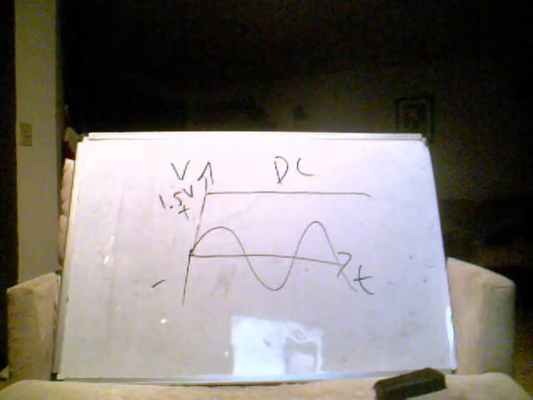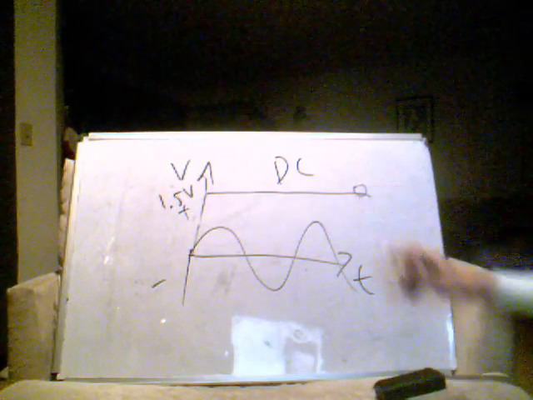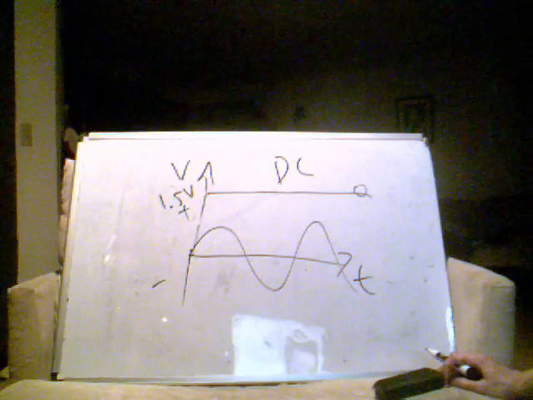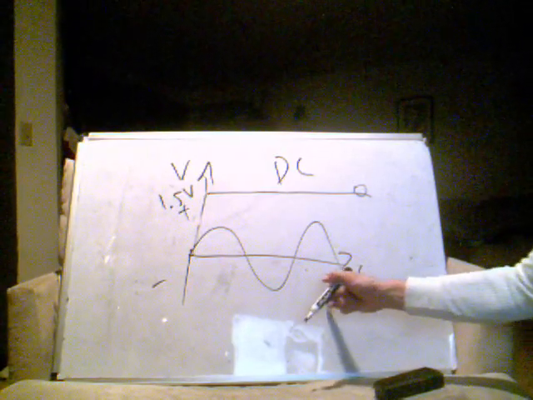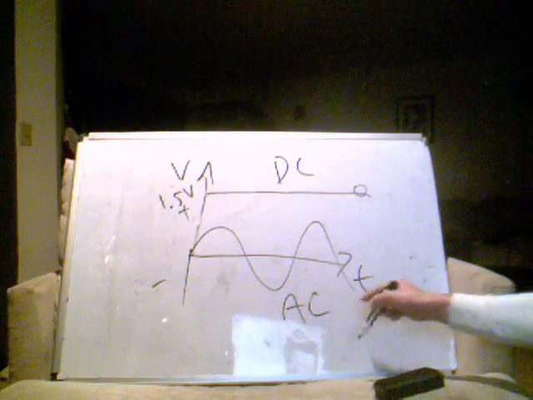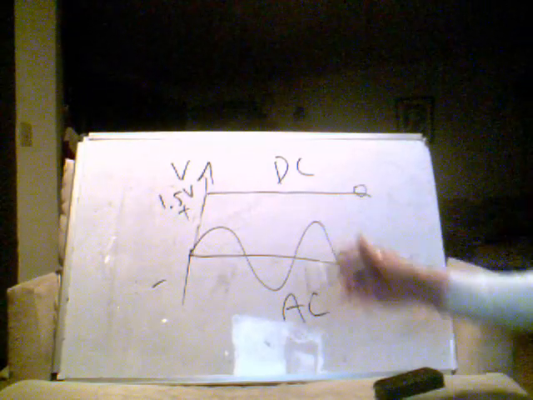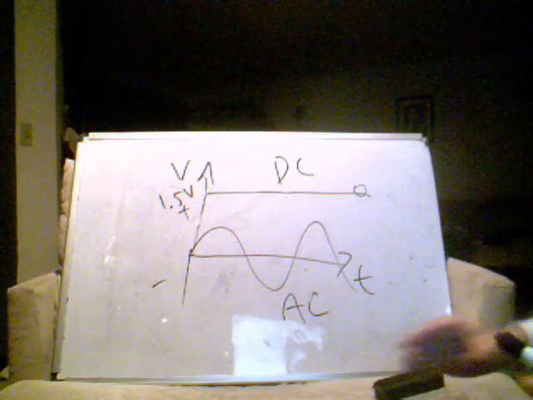Well, wait a minute. If all of our electronics use DC, how is it possible that we can take this source, this alternating current or AC source, and make it into that? Well, we want to try to make this into a flat line, right?